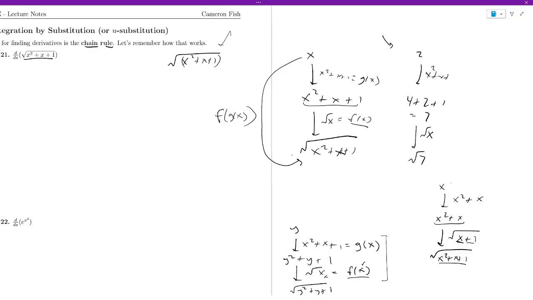So the chain rule is how to take the derivative when you have a situation like this. When I have a multi-step process, f of g of x, how do I take the derivative of that? And the formula that you may have learned from Calc 1, so I'm going to take the derivative of this, looks like f prime of g of x times g prime of x.